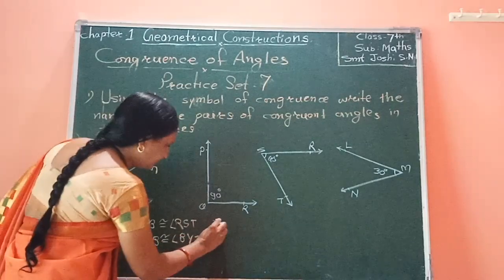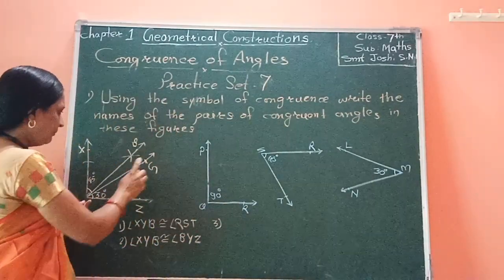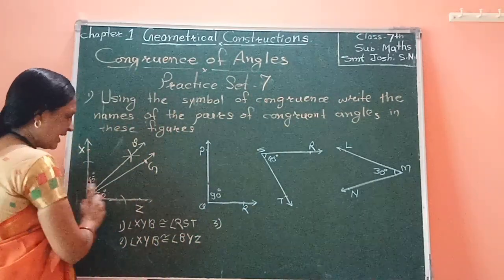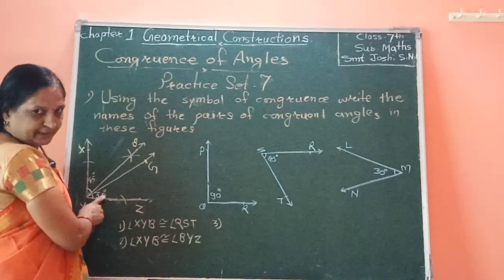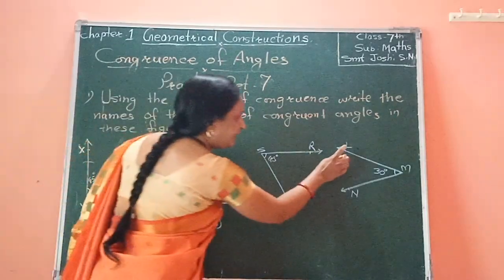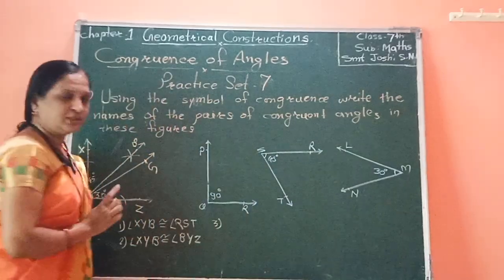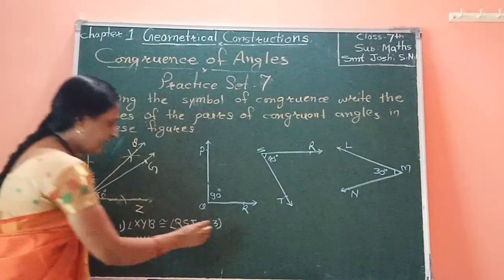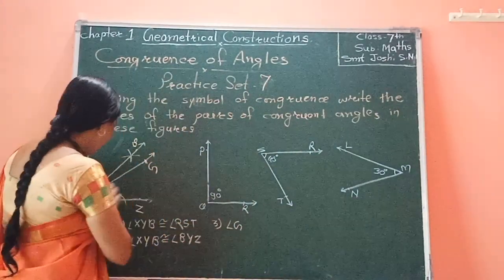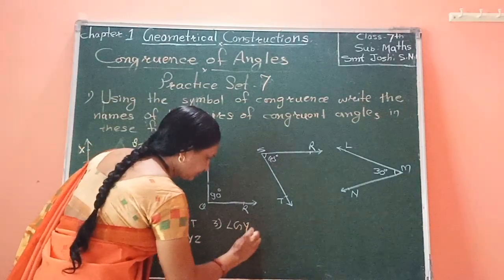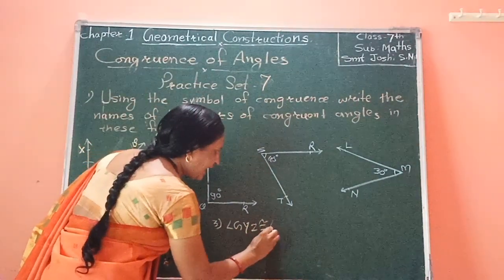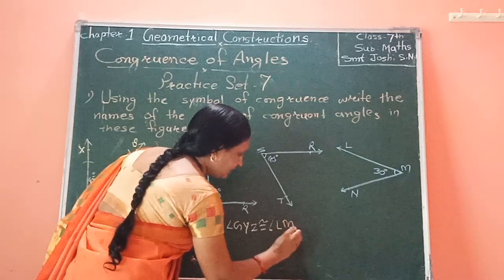Then next pair, measure of angle XYZ is 30 degree. Measure of LMN also 30 degree. Next pair is angle XYZ congruent angle LMN.